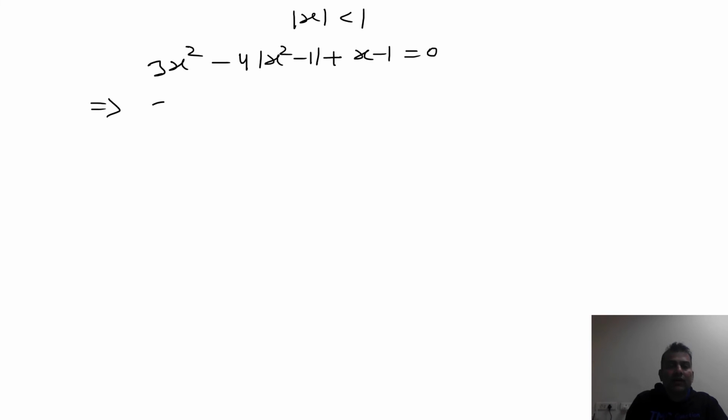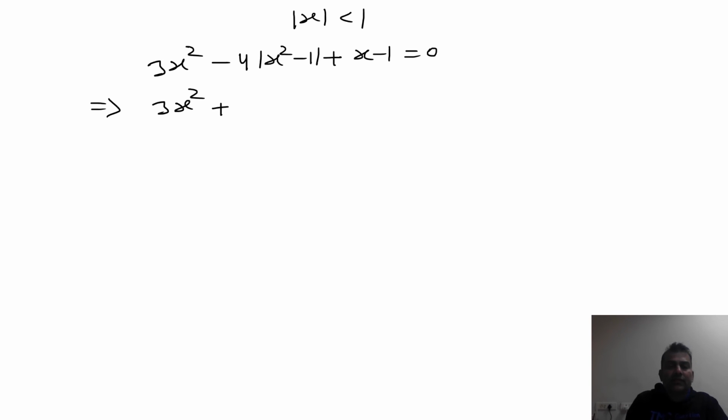Next, if mod x is less than 1, then 3x square minus 4 mod x square minus 1 plus x minus 1 equals 0. In this case x square minus 1 is negative, so mod x square minus 1 will become minus of x square minus 1 by the definition of modulus.